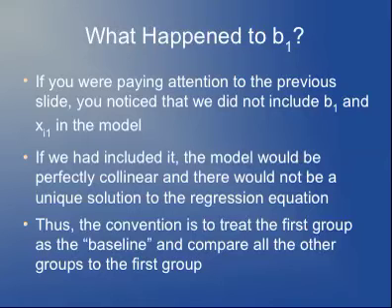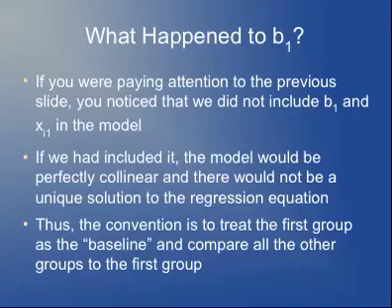Say for instance, you had a dummy variable for male and a dummy variable for female in the model. Let's suppose the means of the two groups are in fact the same. Well, you could have B1 equals 0, B2 equals 0, or B1 equals 1, B2 equals 1, B1 equals 2, B2 equals 2. As long as the two B's are the same, it will give you the same predicted Y's. So there would be an infinite number of solutions in that case, which you don't want.